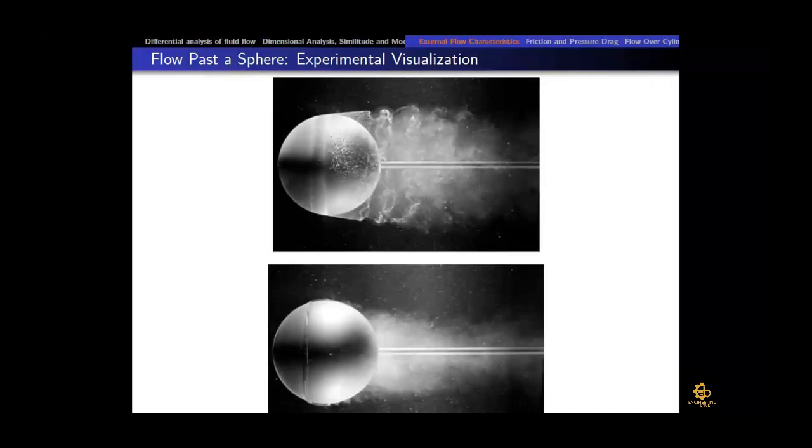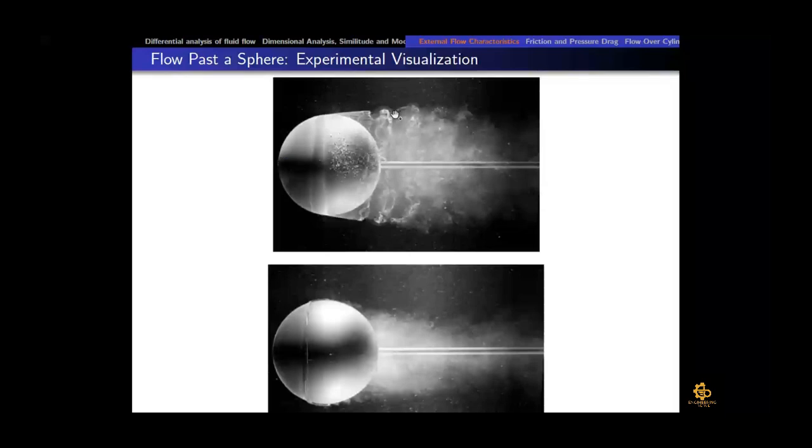Right. So this is an experimental visualization of flow around a sphere. We can also take it as Earth, but of course this is not a visualization of Earth. Rather, this is a sphere in an experimental setup, and you can notice the figure on the upper side is at very low Reynolds number, and you can easily see this is the wake region. This is the white region at the back end.